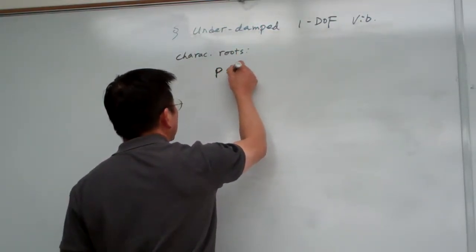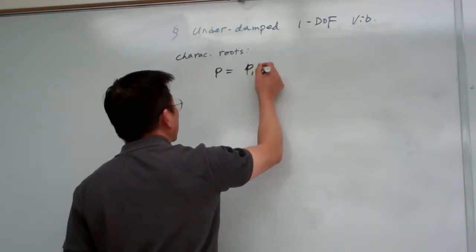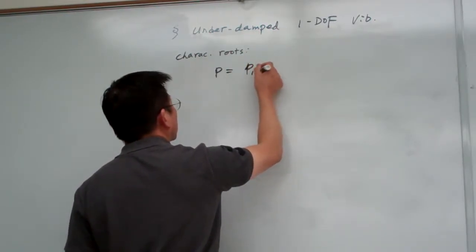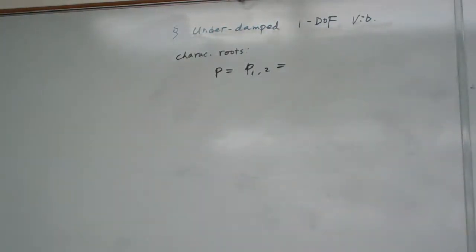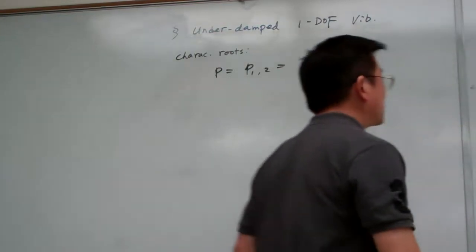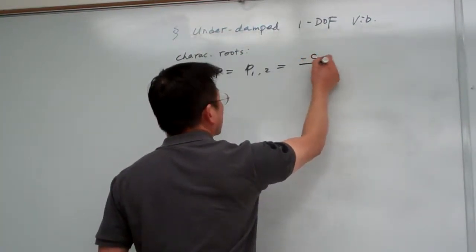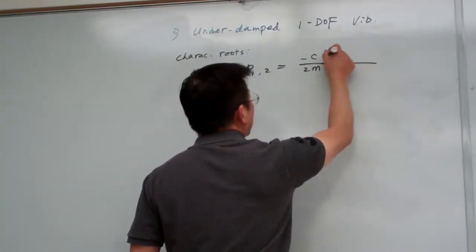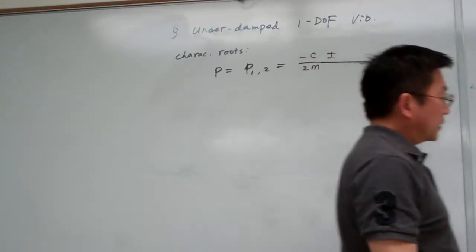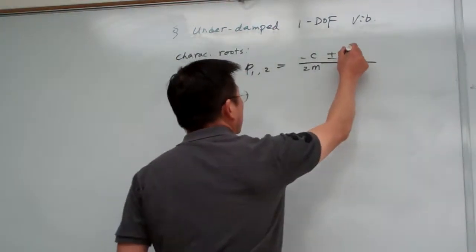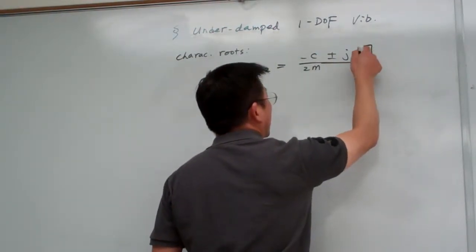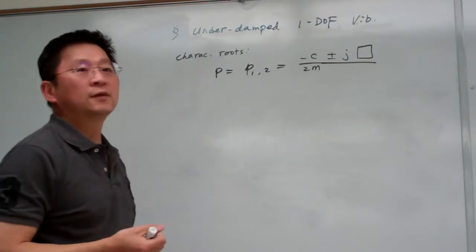So basically, p equal to p1, p2. From here, we solve for that. Basically, you can imagine this is minus c over 2m plus or minus. Because this is negative, we expect a complex number to come up.